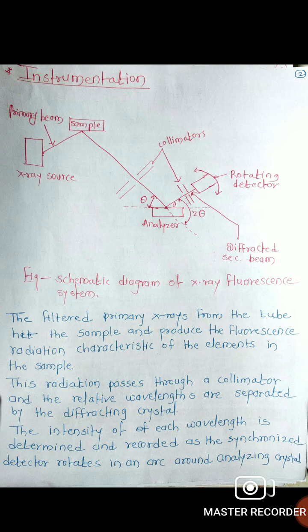This is the instrumentation of the fluorescence system. The filtered primary X-rays from the tube hit the sample and produce fluorescence radiation characteristic of the elements in the sample.